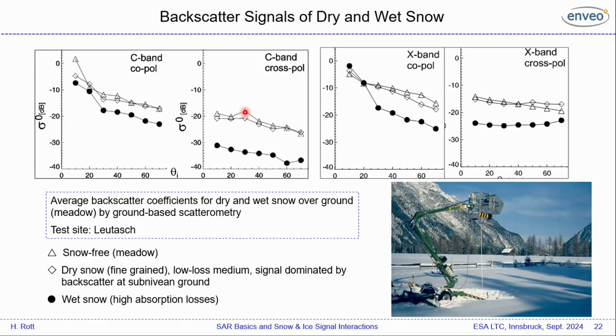Depending on the roughness, the snow-free background can be higher, and it also depends on the state of the soil below the snow. If it's frozen, it can be lower, but if it's still wet, if it's not frozen, then typically the signal of the soil below the dry snowpack would be higher.